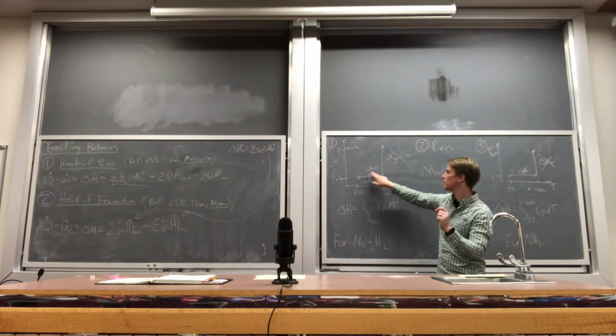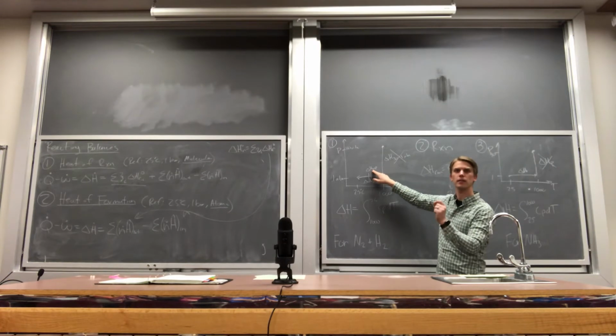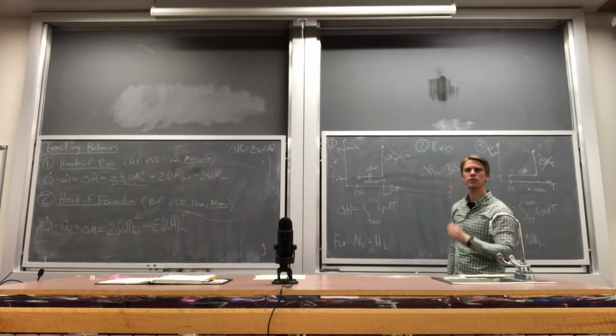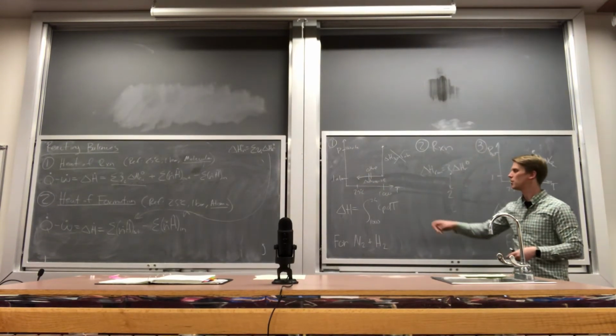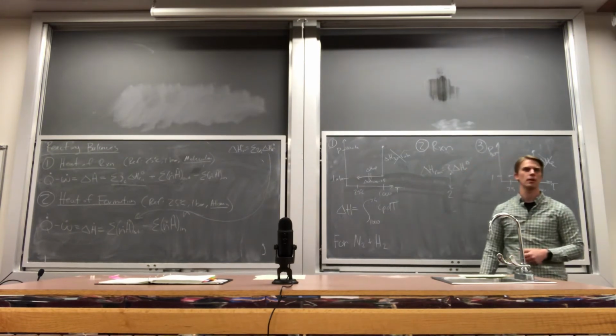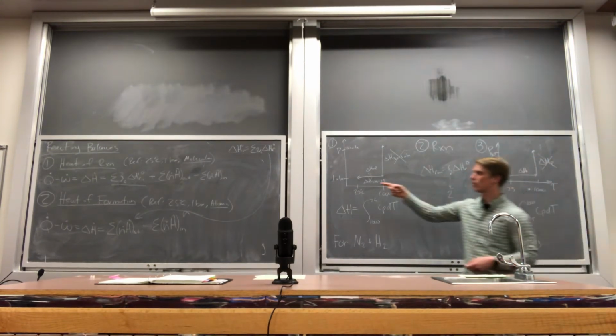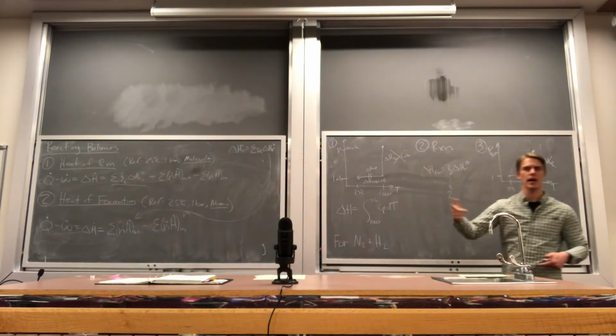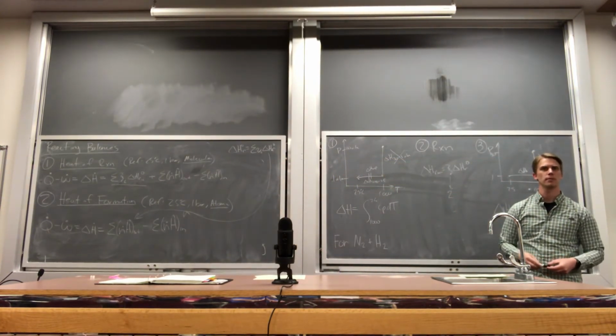I would condense it, and have to keep track of that energy associated with the phase change. And then I would continue to cool the liquid down to 25 degrees C. So we would just add in that one extra step, but it makes it a bit more complicated because then you have both the liquid and the vapor heat capacities. But in this case here, of course, I covered up the reaction, but ammonia, hydrogen, nitrogen, they're all gas phase at room temperature.